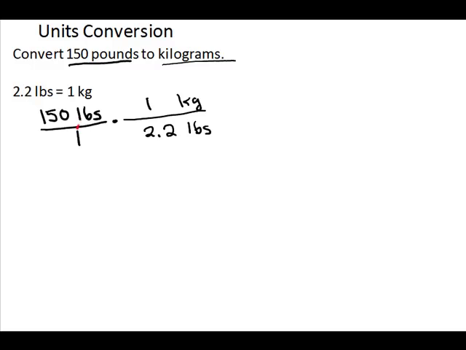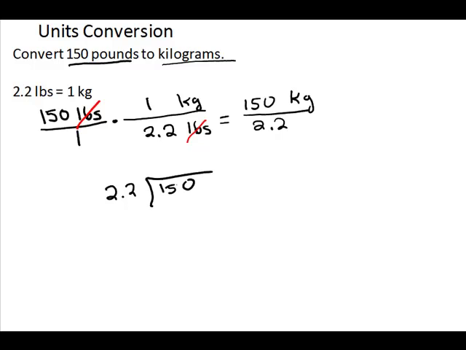We'll cancel out the units. This is going to get us into kilograms when we do the math. So we'll multiply across. 150 times 1 is 150. We are in kilograms. And we're dividing by 2.2. So we have a long division here. 2.2 into 150.